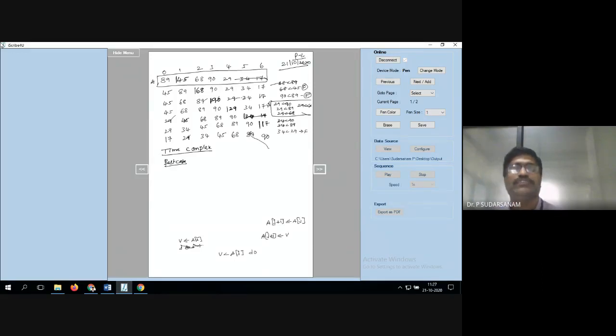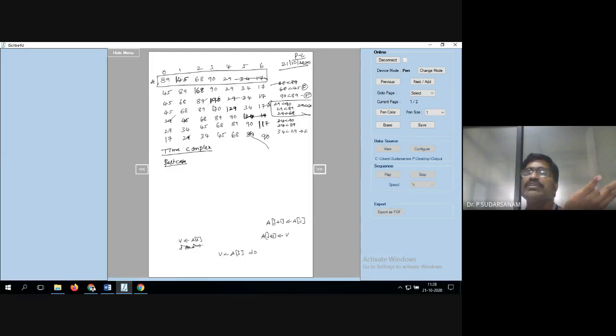Remaining, no need to say for how many input sizes, what are the operations, all these things you know that. For example, if you take the best case, now what will happen? For example, 29, which case can you take as the best case? 68 you take it. What will happen in this case? I'm comparing 68 with 89, 68 is less than 89. Next number when you are comparing, no need to do any operations. For example, if you take 90, I will be checking with the previous element, the condition will become false, no need to do any swapping.